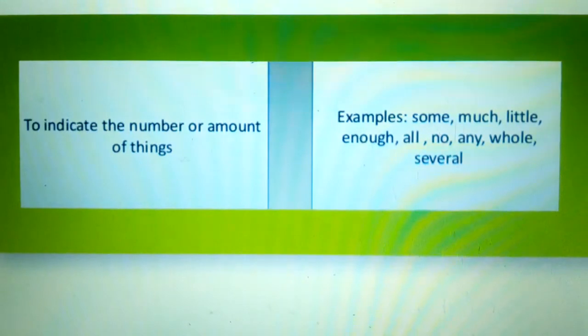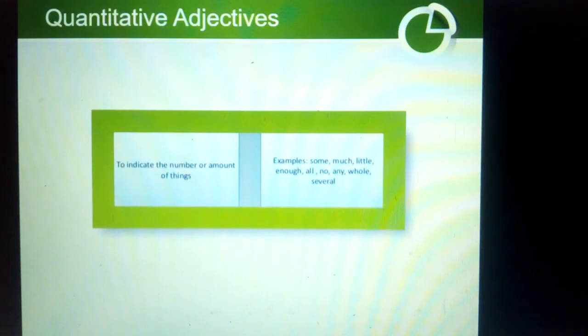If I say some money, so in this example, money is a noun and some is an adjective. And this adjective is quantitative adjective because I am telling you about the amount of money, that's some money, the quantity of the money.